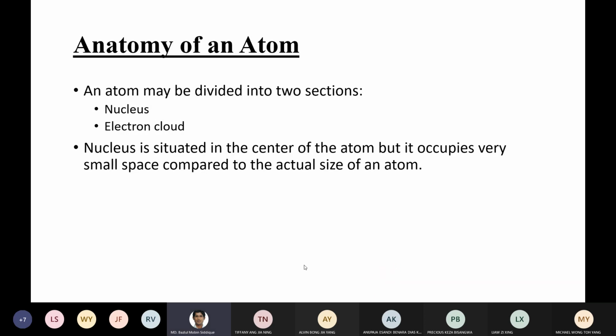In that nucleus, protons and neutrons are housed. Protons are positively charged, but neutrons are neutral.